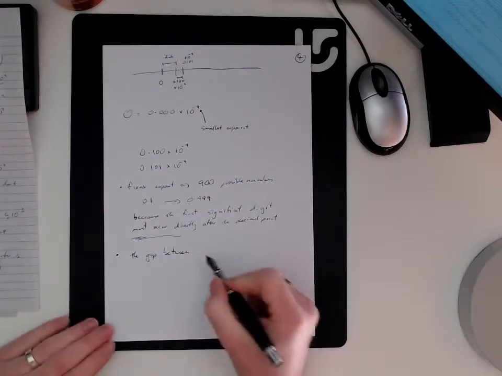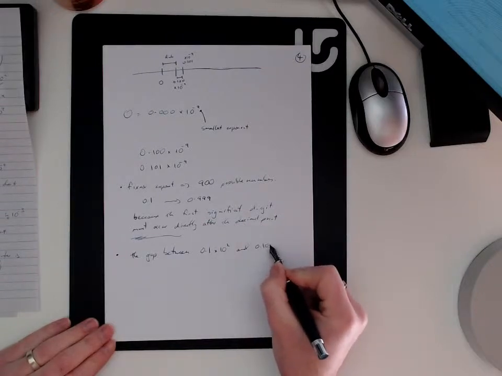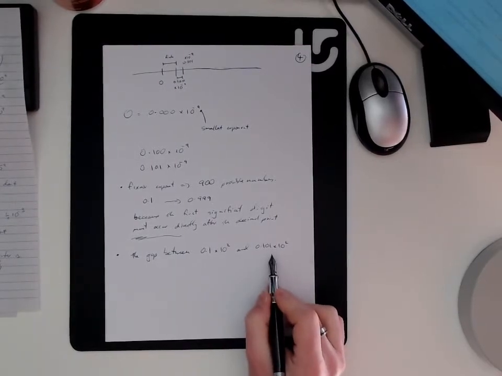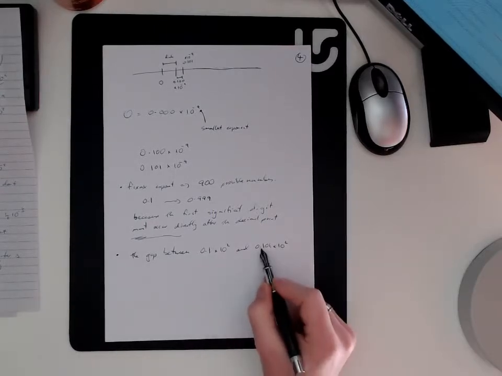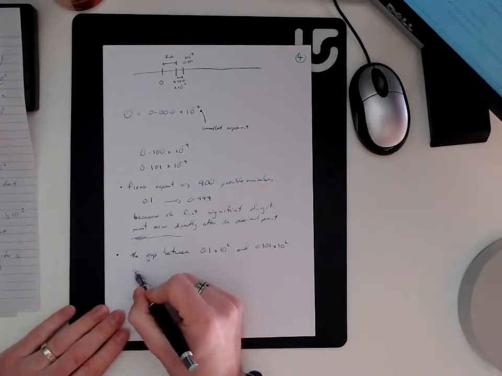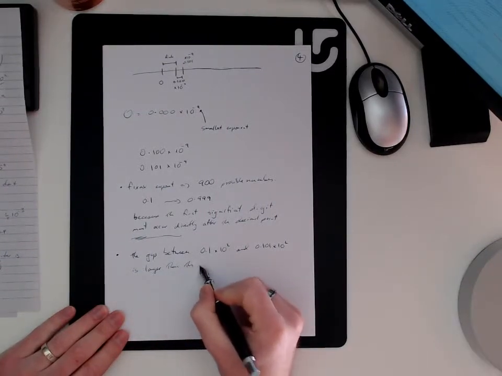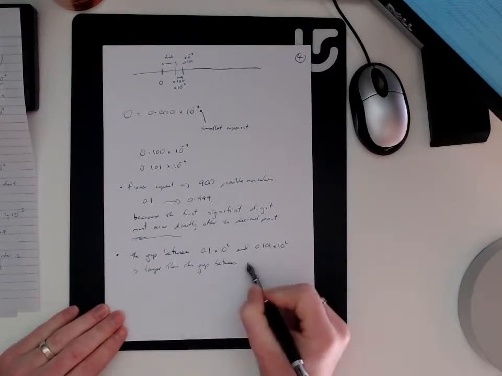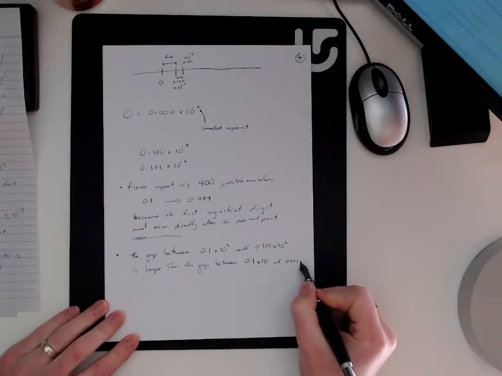The gap between 0.1 times 10 to the 2 and 0.101 times 10 to the 2, the two closest numbers, this is the next closest positive number to 10, and that's 10.1, is larger than the gap between 0.1 times 10 and 0.101 times 10 to the 0.